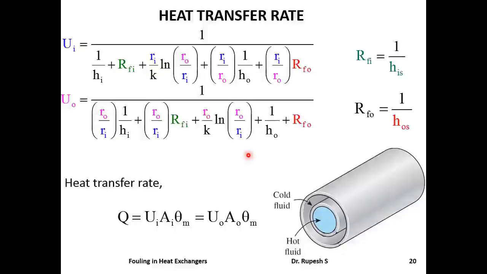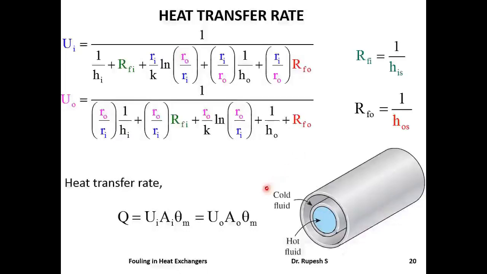So far we have considered the system as a pipe with hot fluid inside and cold fluid outside. Now we will upgrade the system to a heat exchanger. We know that in a heat exchanger, temperature difference between the hot and cold fluid is not a constant. Instead, it varies along the length of the heat exchanger due to heat exchange. So for finding heat transfer rate associated with the heat exchanger, we use LMTD, that is logarithmic mean temperature difference.